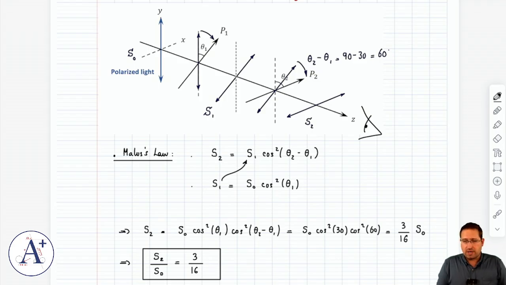The other thing to keep in mind is that you have two possibilities. Either unpolarized light hits a polarizer, and then S1 is going to be S0 over 2 as it emerges, or polarized light hits a polarizer, and then it's Malus's law. But overall, polarizers are pretty nice and easy to deal with.